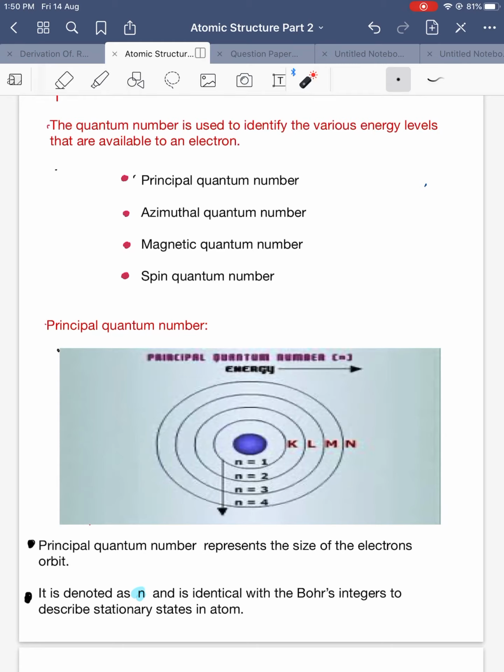And the maximum number of electrons in an orbit is governed by the expression 2n squared, where n is the serial number of orbit, that is K, L, M and N.